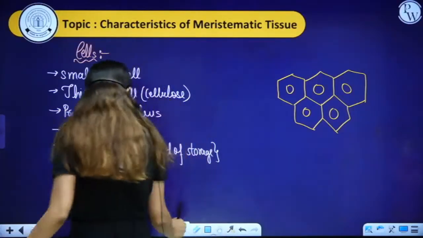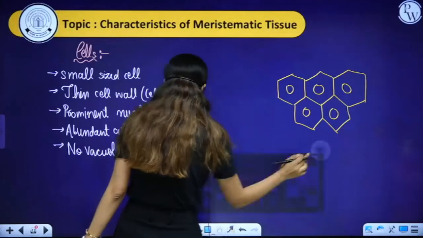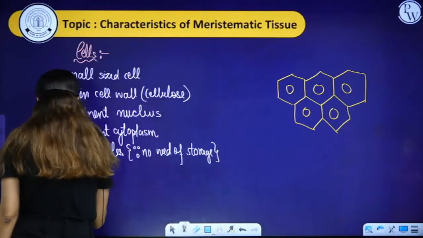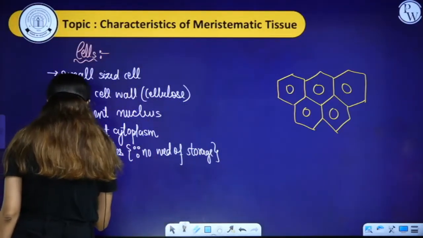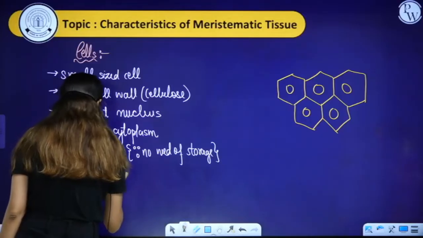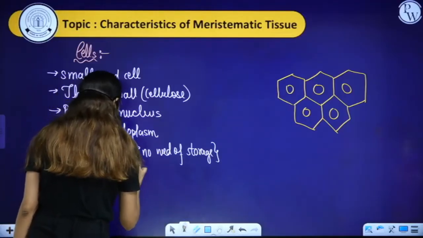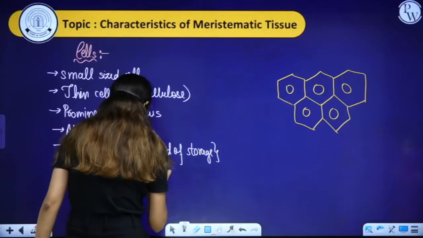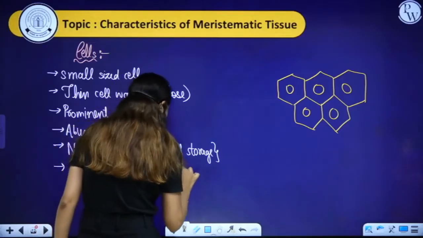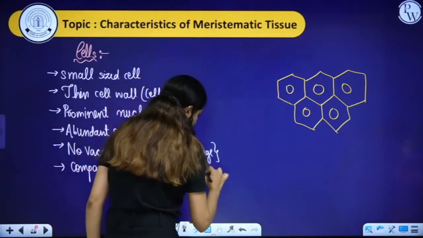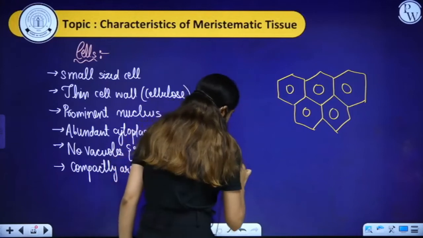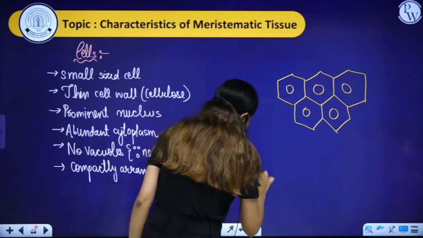So I can mention that the cells are compactly arranged, and hence there is no intercellular space. What is intercellular space?